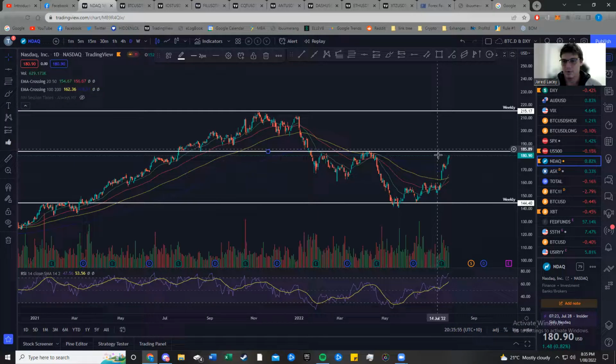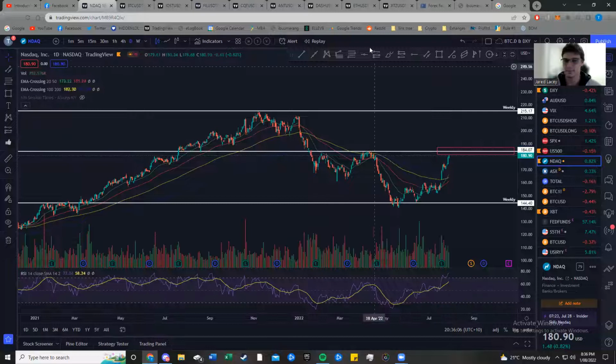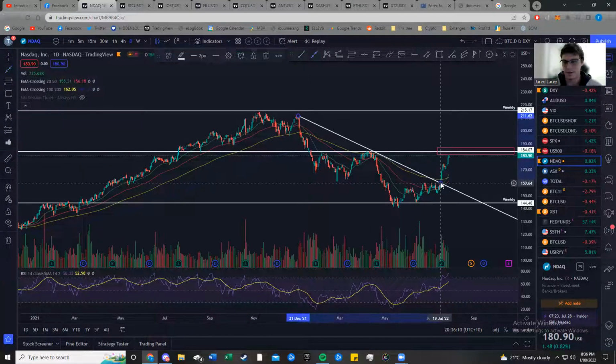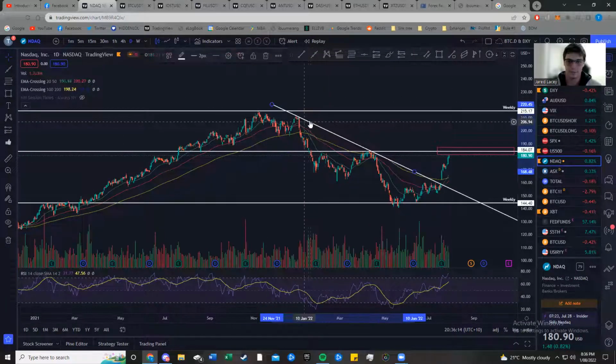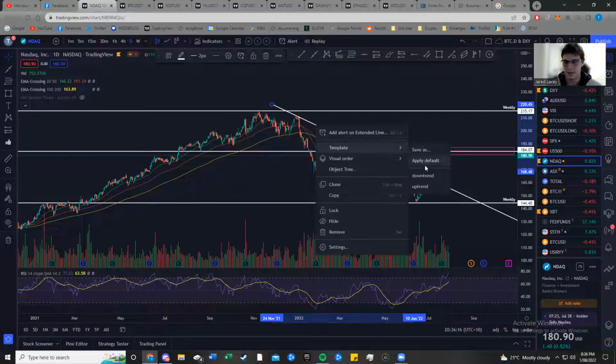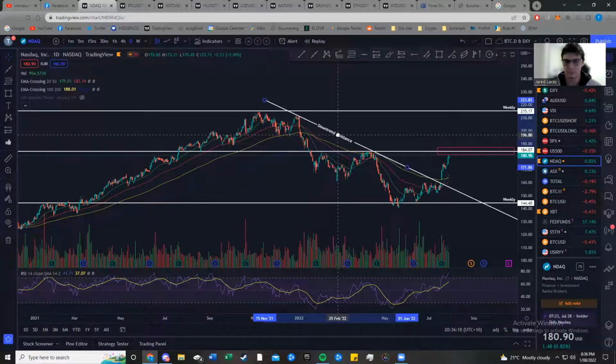As you can see now, we're approaching back up to the same level where we saw this significant rejection. So in this zone here, we could expect to see some high volatility in the market. Let me add one more thing into this chart, which is a trend resistance. In this case, it would be a downtrend resistance.